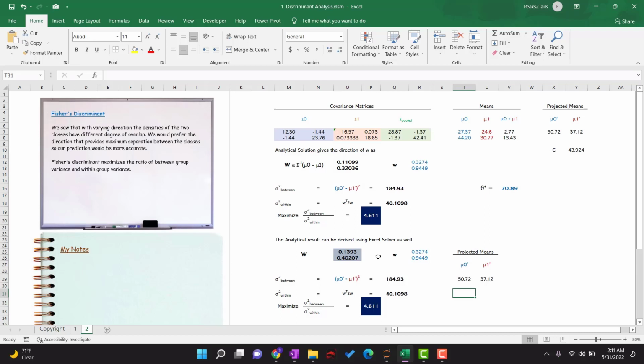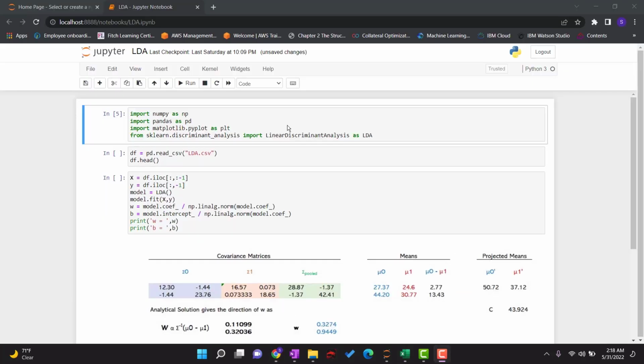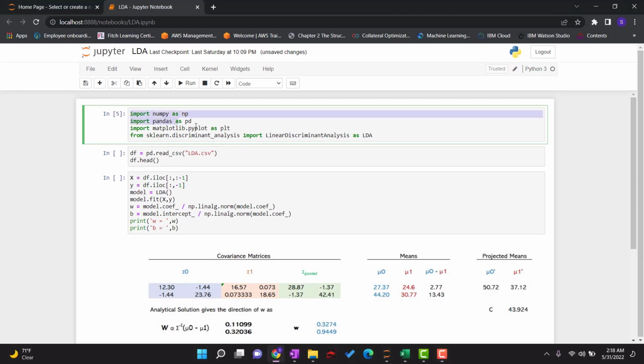Let's look at the implementation in Python. That should be real quick. So here is the Python notebook for LDA implementation. Now, when I'm importing the libraries, the only change that I did is from sklearn.discriminant_analysis import LinearDiscriminantAnalysis as LDA.